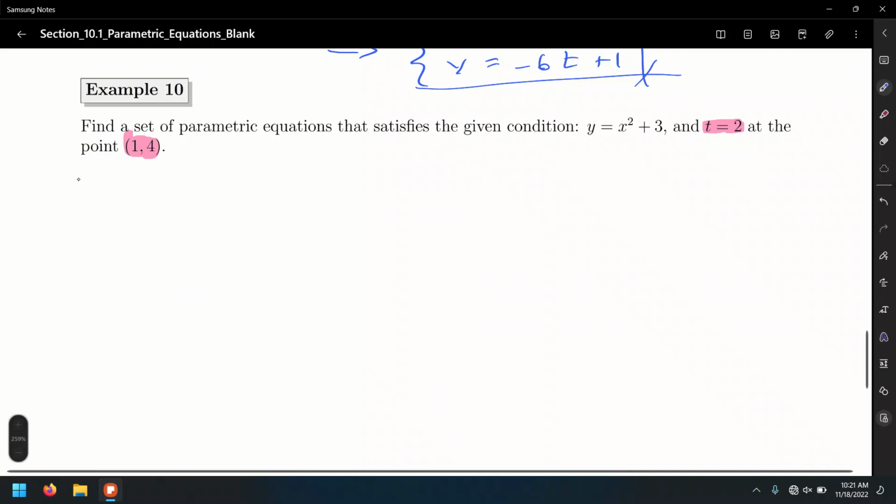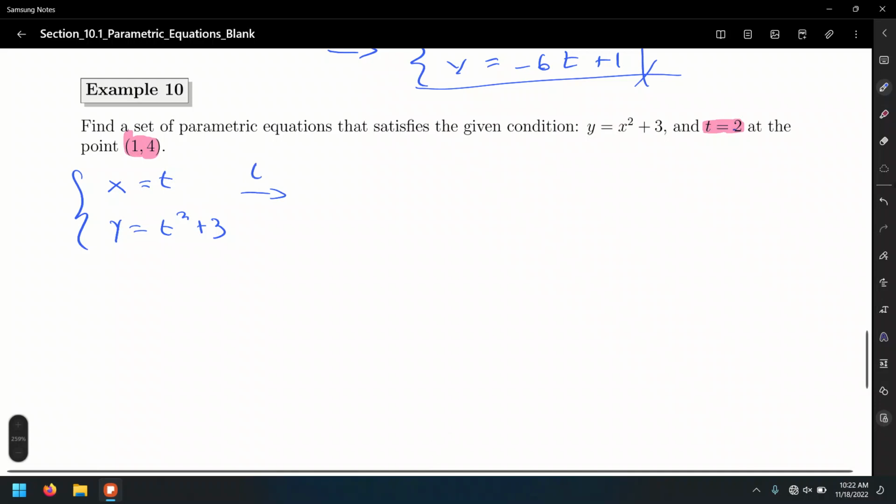The traditional way is to give the independent variable, which in this case is t, so x equals t, y equals t squared plus 3. That'll be, again, the easiest way to parameterize the equation. However, let's see, does that set of parametric equations satisfy the condition that when t equals 2, we get the point 1, 4?